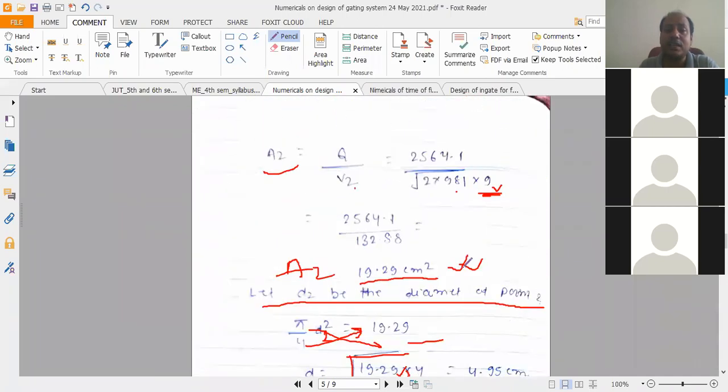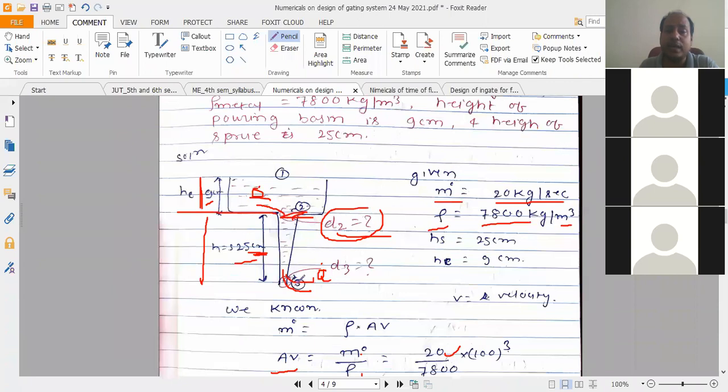So you have seen that the diameter of the sprue at the base is smaller, and the dimension at the entry point is a little bit bigger. So the sprue is a cut conical section, or we can say a tapered section.